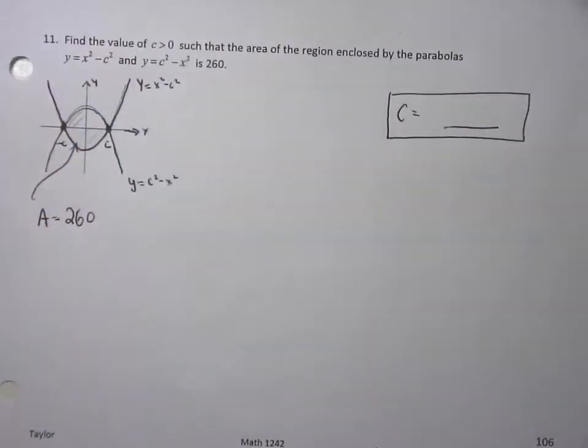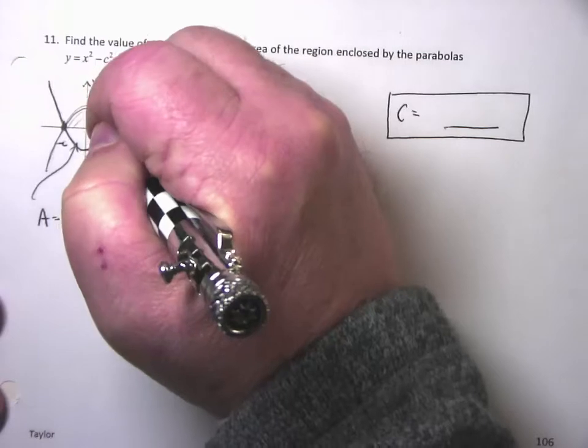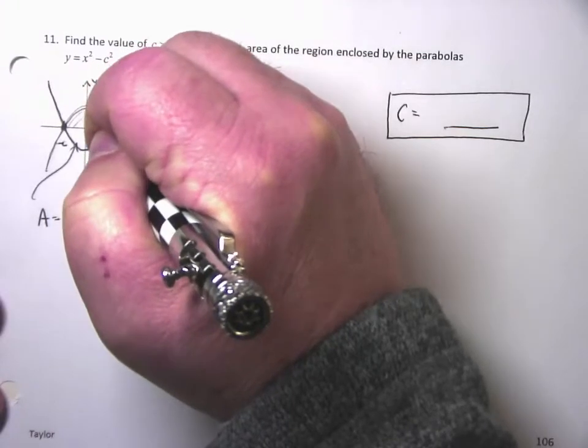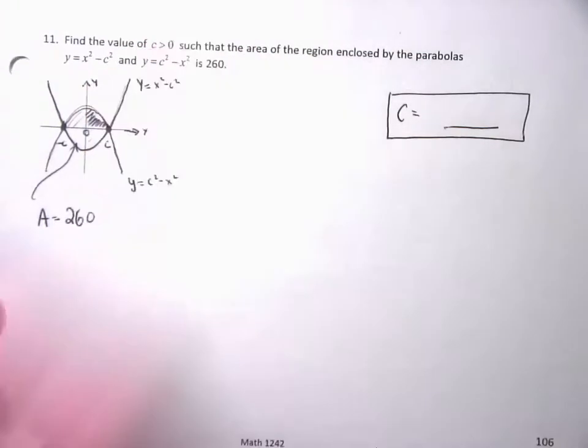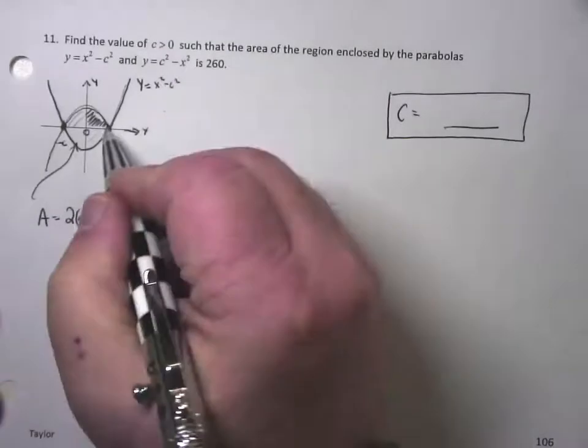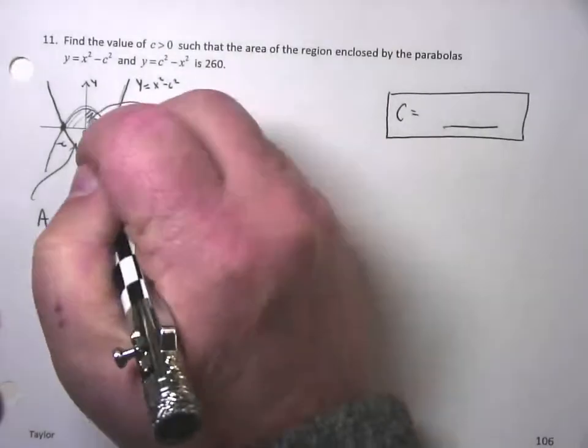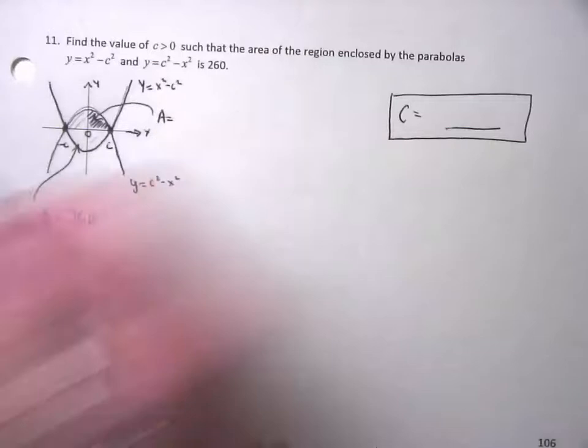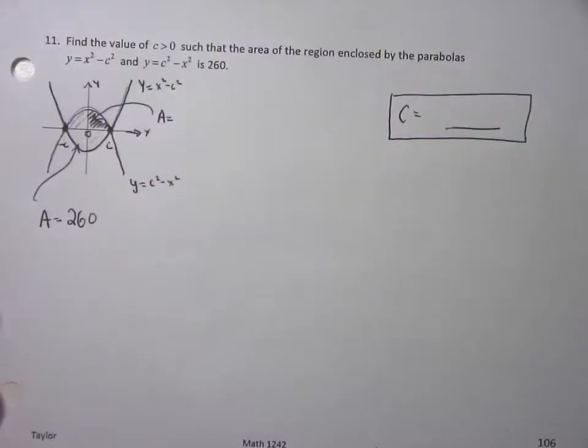But if I want to find C, because of symmetry, look at this region right here. I'm going to darken this region so you can see it. This is the point of 0 right there. This is C. How much area would be here? What would that area be? Well, what did I do to this region?